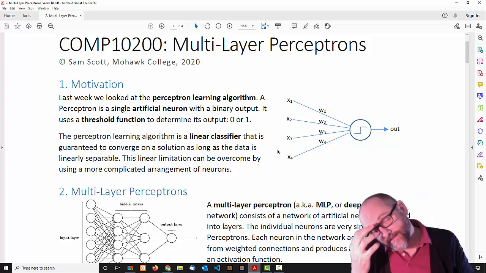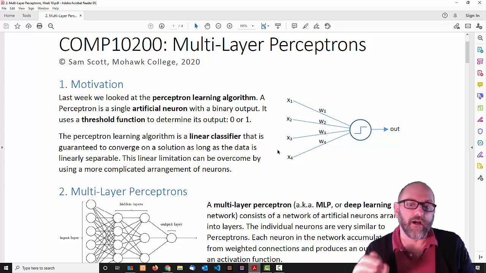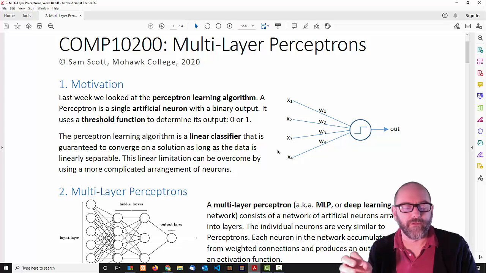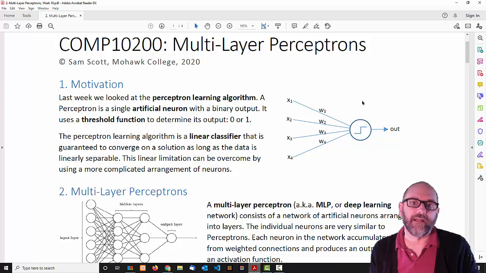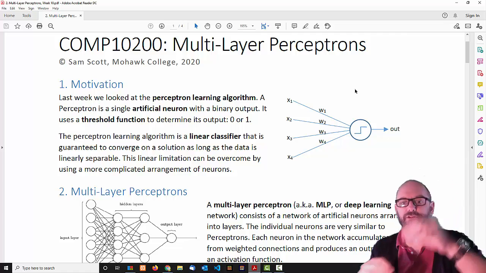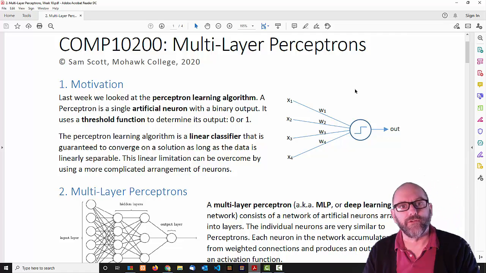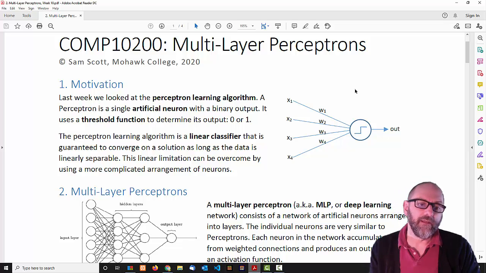We learned that this type of neural network architecture, just a single neuron, has a hard limit built into it about what it can do. It's a linear classifier, and we can prove that pretty easily to show that the equation that it uses to classify is the equation of a straight line. So if the points in class 1 and class 2 don't easily separate by a straight line, it can't be expected to do very well.